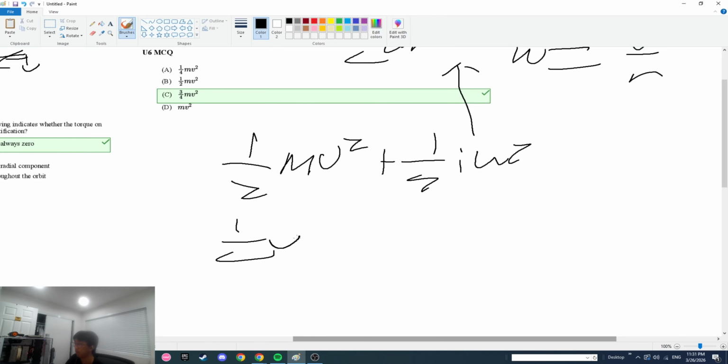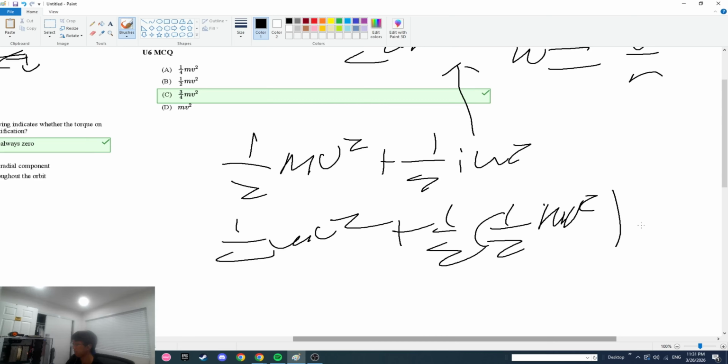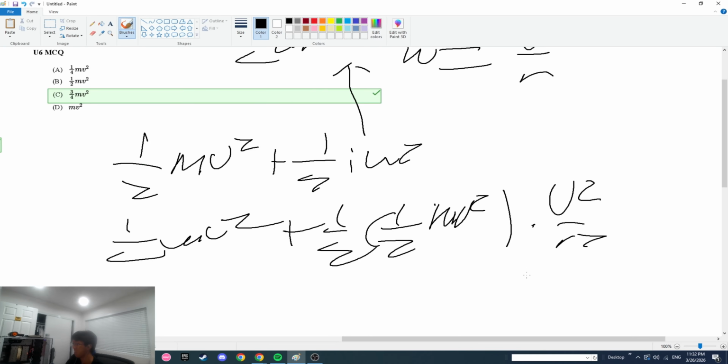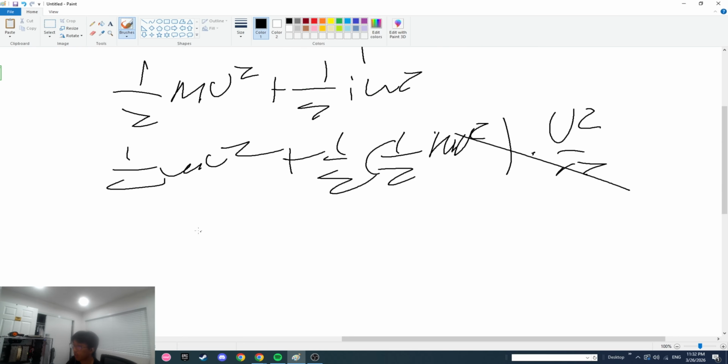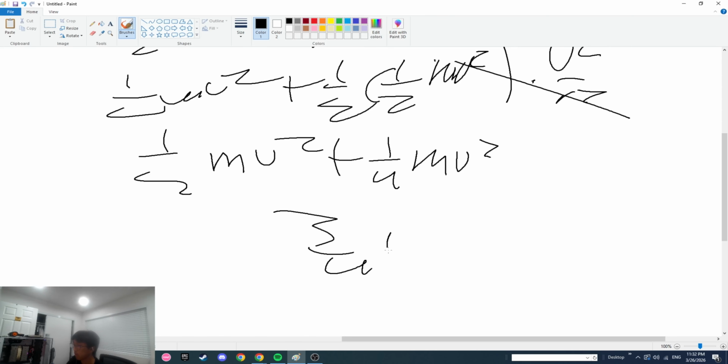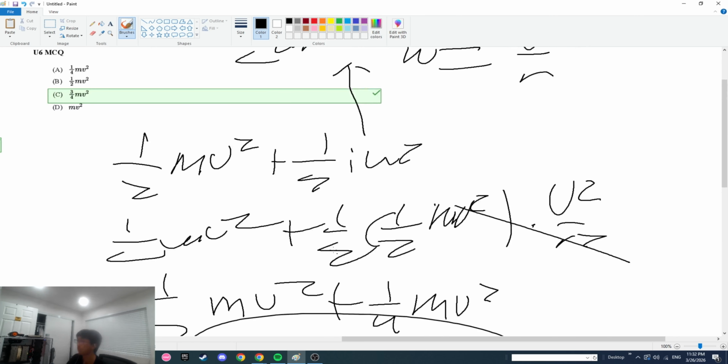So 1/2 mv squared plus 1/2 times 1/2 mr squared times v squared over r squared, and these r squared cancel out, so we get 1/2 mv squared plus 1/4 mv squared, and you get 3/4 mv squared as your answer.